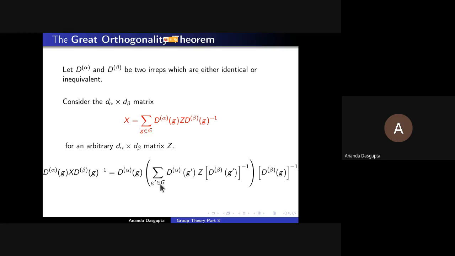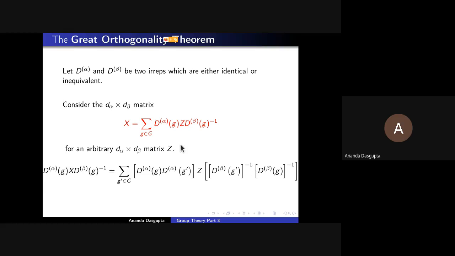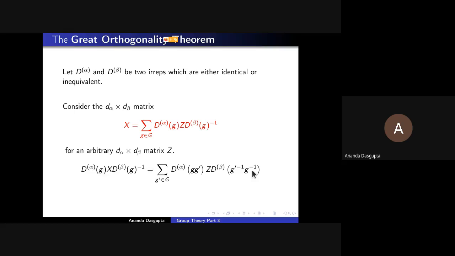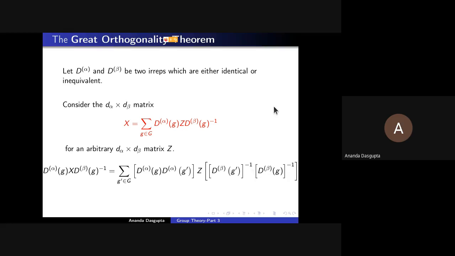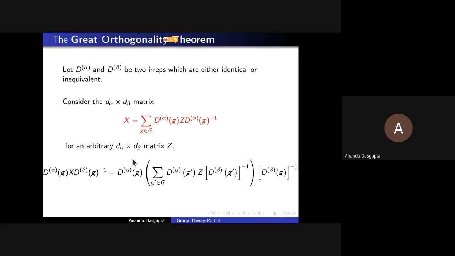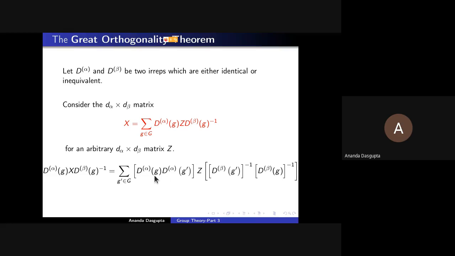This sum over g prime runs over the entire group. This D alpha of g is the same for every g prime, so I can just move the D alpha of g inside, and also move the D beta of g inverse inside. So what do I get? I get D alpha of g prime, Z, D beta of g prime inverse, D beta of g inverse. This is what I had; I've just moved this into the sum.